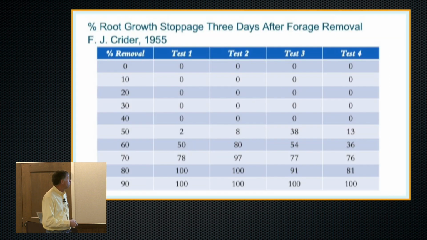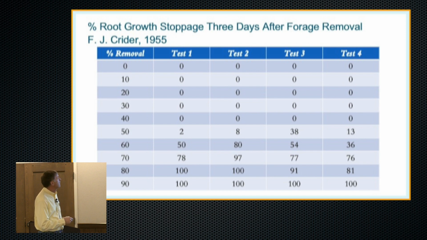And I'd like to show you this research done way back in 1955 by Frederick Jacob Kreider, who was an employee of the Soil Conservation Service. And he did a study which looked at percent forage removal and how that affected root growth 3 days after. And so, yeah, if you take none, you're not going to affect root growth.